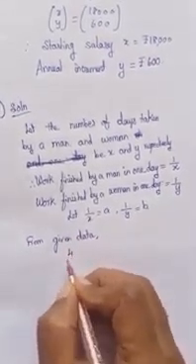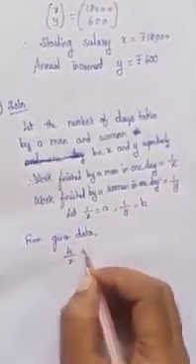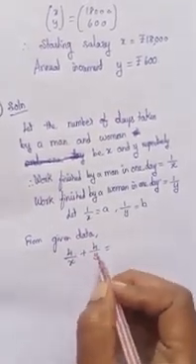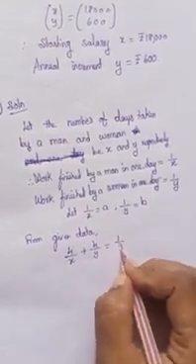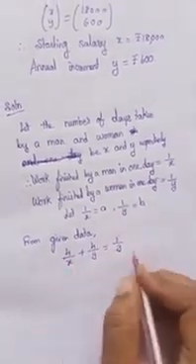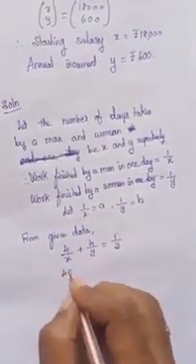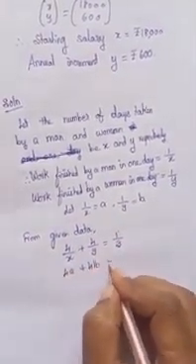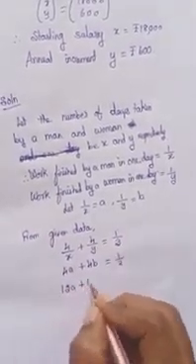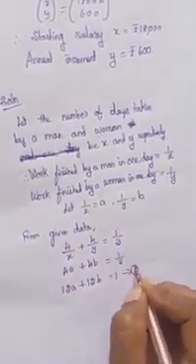So 4 men can complete the work in 1 by X, so 4 by X plus 4 by Y is equal to, in 1 day they are completing, 1 by 3. So when we write it, change it in A and B, we may get 4A plus 4B is equal to 1 by 3. Cross multiply, we may get 12A plus 12B is equal to 1. Okay, this is equation number 1.